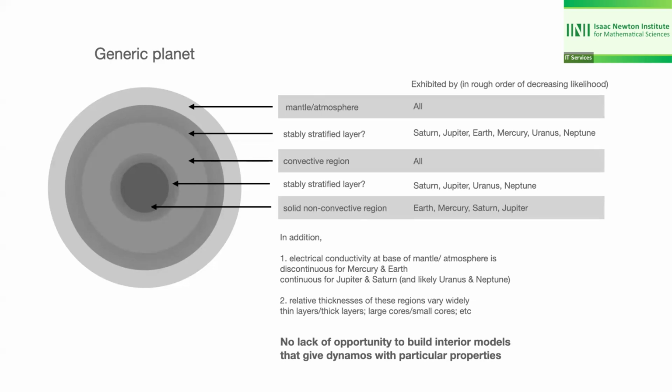In addition, the electrical conductivity structure varies for these planets. For Earth and Mercury, it's more or less discontinuous at the bottom of the mantle.